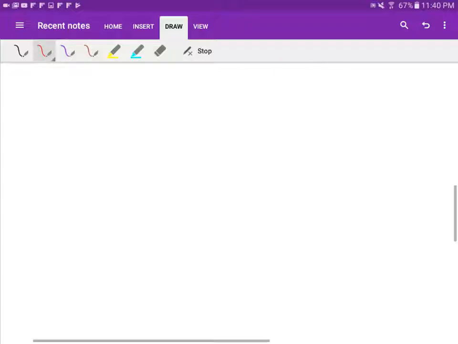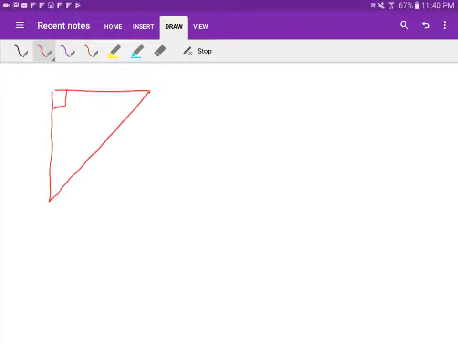Let's say I draw this triangle and make up some other numbers. Let's say this is y here, and this is 38 degrees 27 minutes, and then we give you this side, which is 23 centimeters. Step number one, you have to identify what they are first.